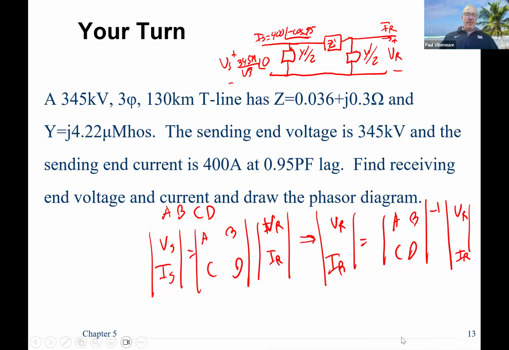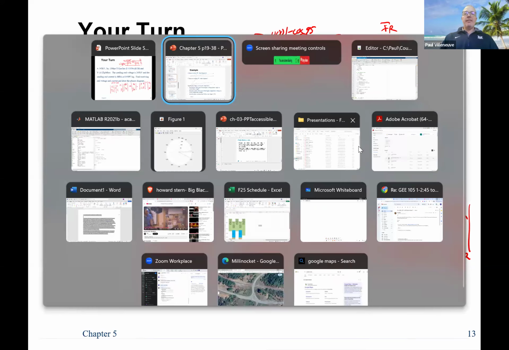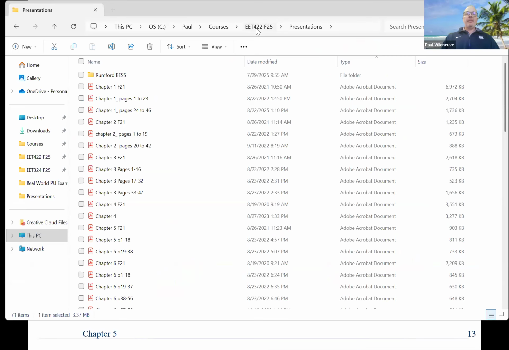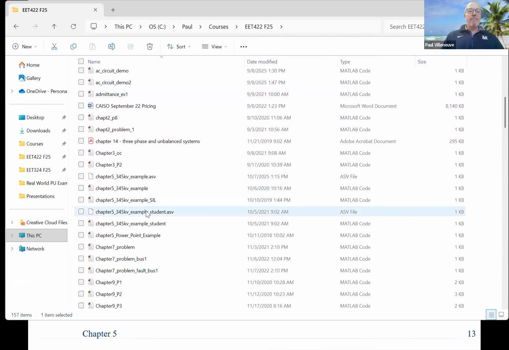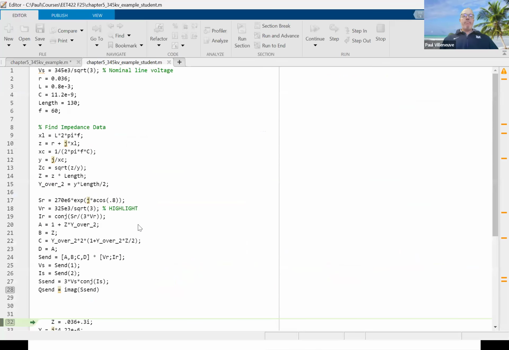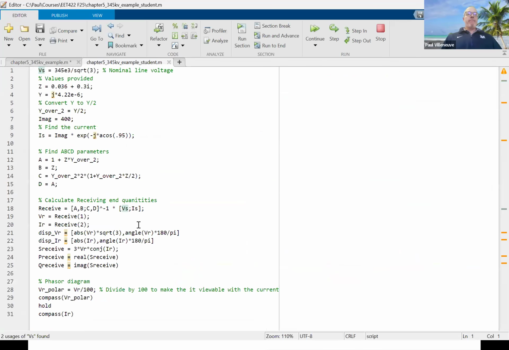So let's see if I have a MATLAB script file so we can take a look at our work. All right, so there's our sending end voltage, our Z and our Y, and then we just converted Y to Y over 2 by dividing by 2. Our magnitude of our current is 400. Then I slapped on the angle, and I spelled that out with a little more detail so you can see it.